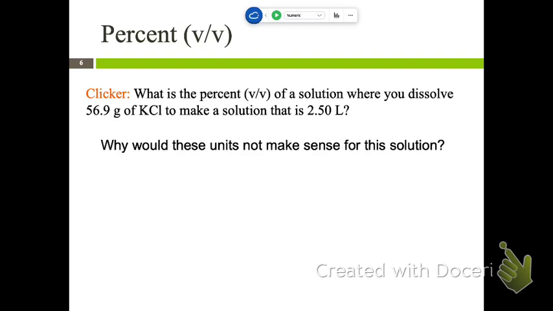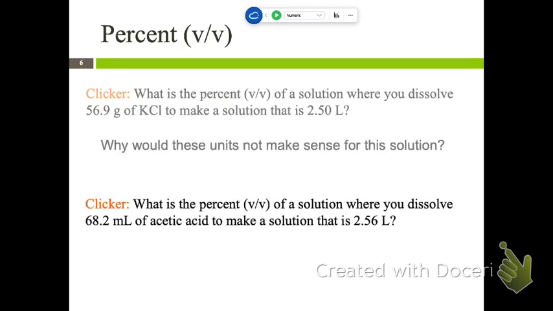So for this type of solution, if we have a solid dissolved in a liquid, we're not going to use volume to volume ratio. We're going to do that when it's like drinking alcohol. So wine is 12% ethanol out of the entire solution. So we'll get to that in a minute.